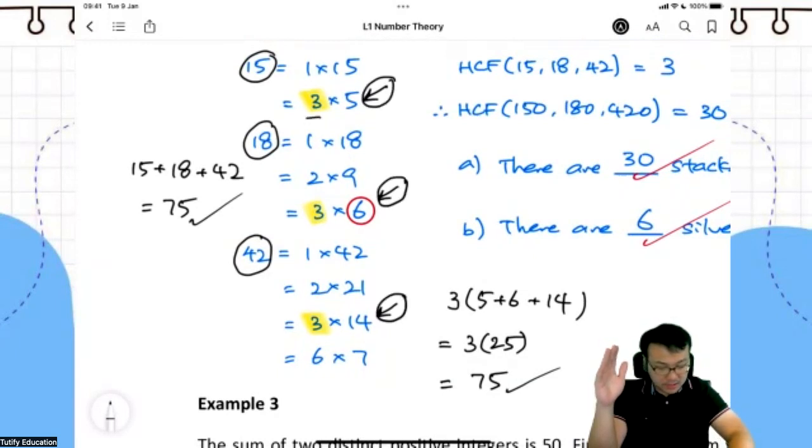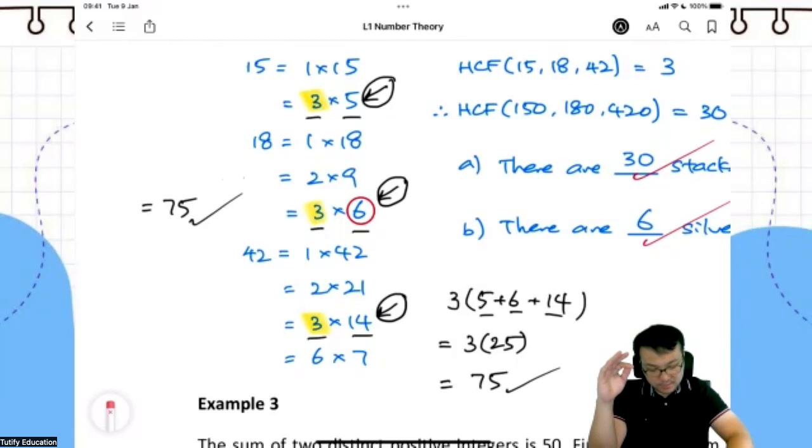You see the number 3 is together with the number 5, right? This number 3 is together with the number 6. 3 is together with the number 14. So that's why I take 5 plus 6 plus 14. I add them together and multiply, I'm going to get 75. Okay, so let me just erase all this. Then we can go back to the previous question.